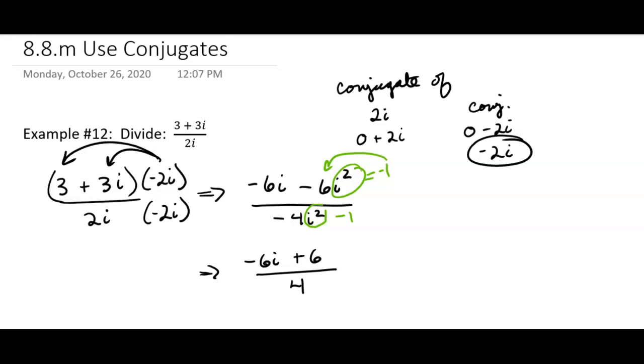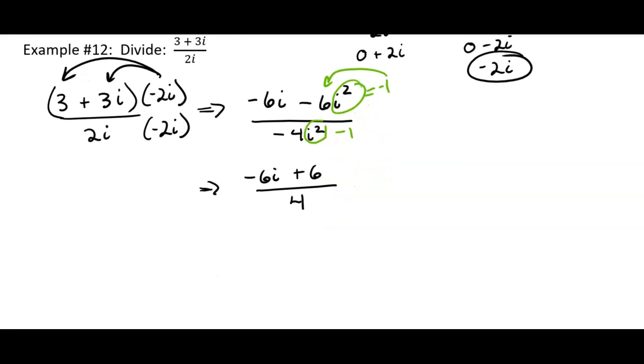So now all we have to do is kind of clean this up a little bit. So we've got the numerator. I'm going to switch that around to be 6 minus 6i over 4 because I want to put the real part first and then the i part. And then I'm going to split that up into two separate parts, the a plus bi.